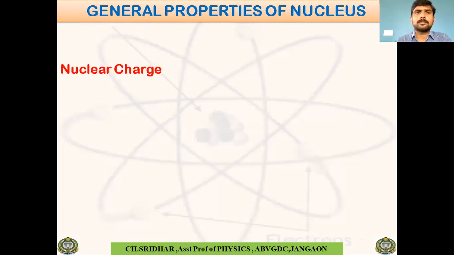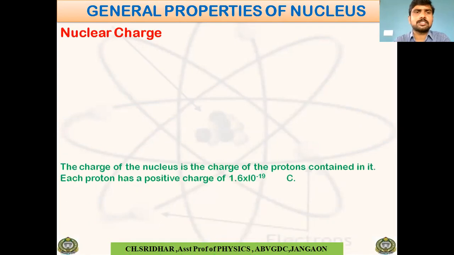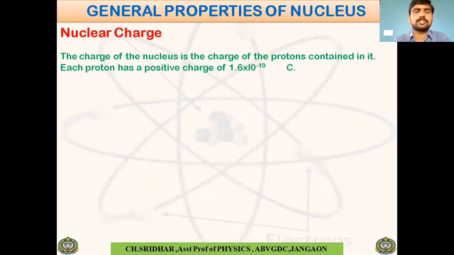So then the nuclear charge. We already know that the nucleus consists of two types of particles. One is protons and the other is neutrons. Both are combinedly called nucleons. As the neutron is neutral, the charge of the nucleus is equal to the charge of the protons contained in it, and each proton has a charge of 1.6 into 10 to the power of minus 19 coulombs.